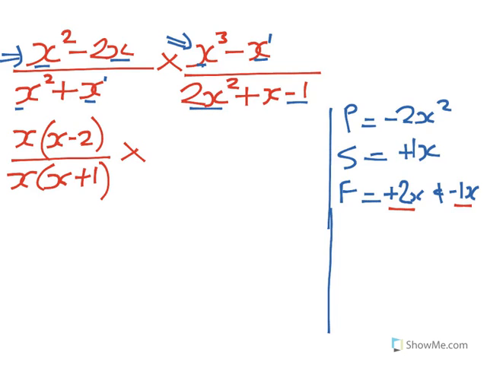Now I'm going to factorize it outside so that I don't mess up my working there. So I will have 2x squared. Instead of having positive x, I'm going to write now the factors that I got, which is plus 2x minus 1x, negative 1.